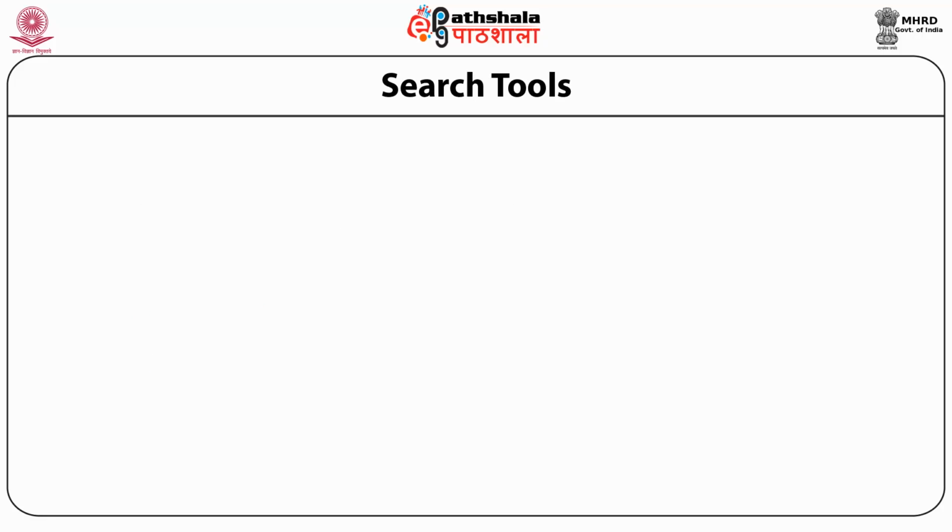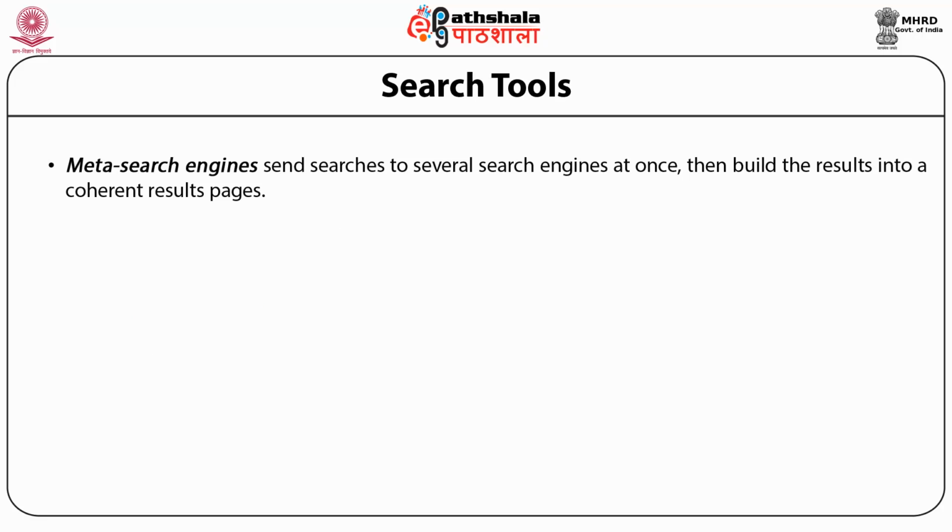Then coming to the meta search engines. Meta search engines can be used when you want to send searches to several search engines at once. The meta search engine is able to search the various available search engines and then build the results into a coherent results page.